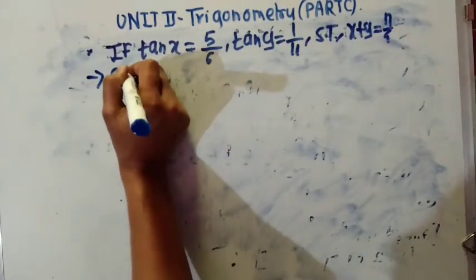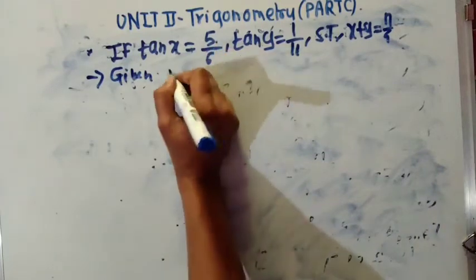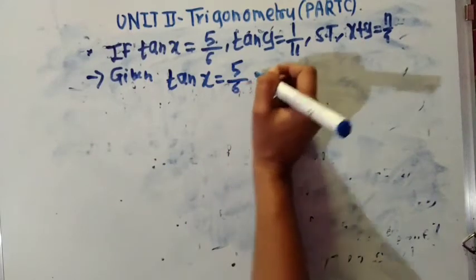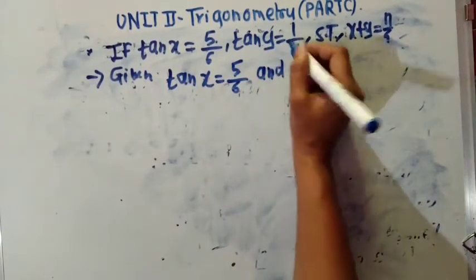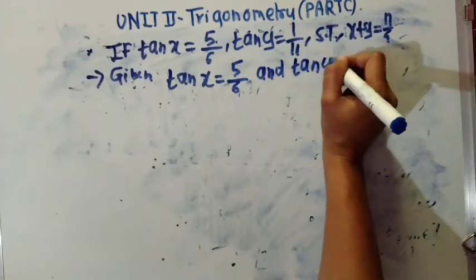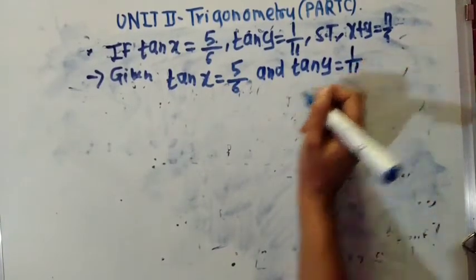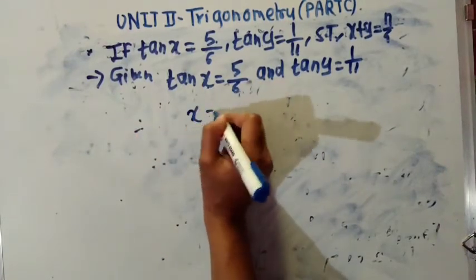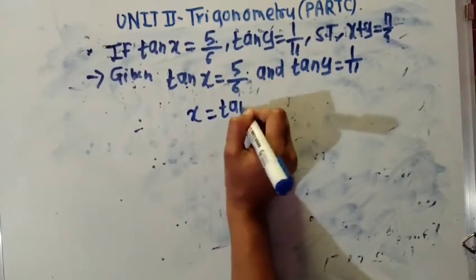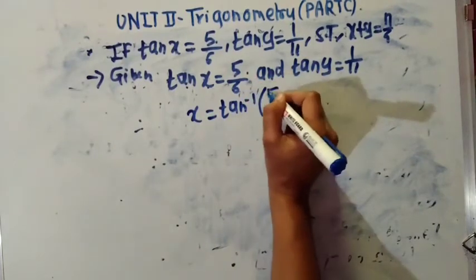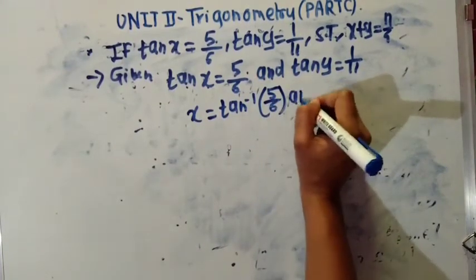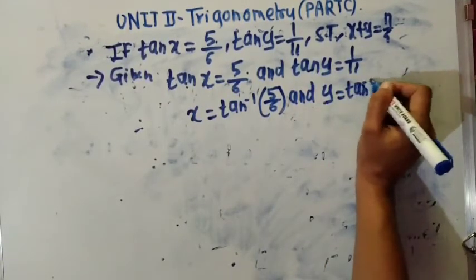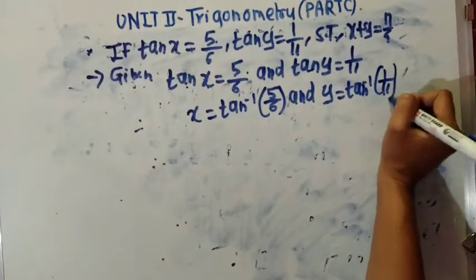So first, it is given that tan x is equal to 5 upon 6 and tan y is equal to 1 upon 11. Hence x is equal to tan inverse of 5 upon 6 and y is equal to tan inverse of 1 upon 11.